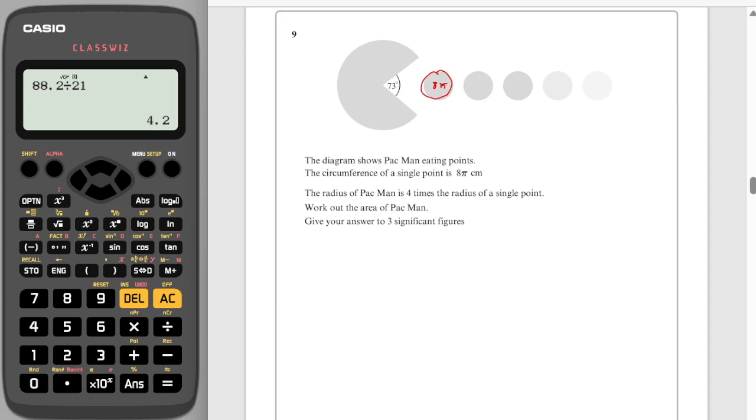So if I start by looking at the points to work out the radius of each point. For each point, the circumference is pi d or 2 pi r. So let's say 2 pi r is equal to 8 pi. So r is going to be equal to 16 centimeters. No, it's not.